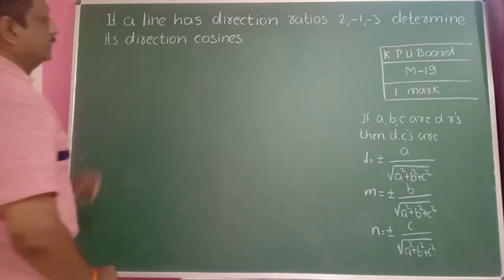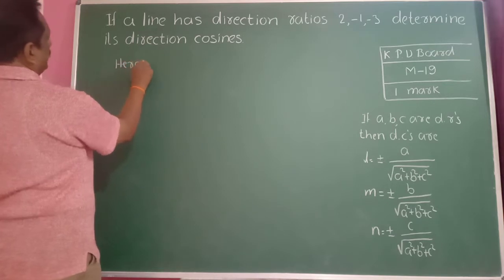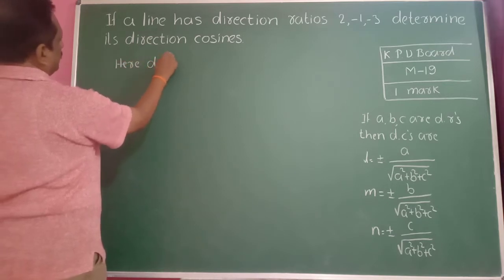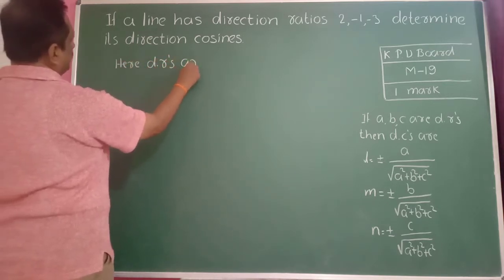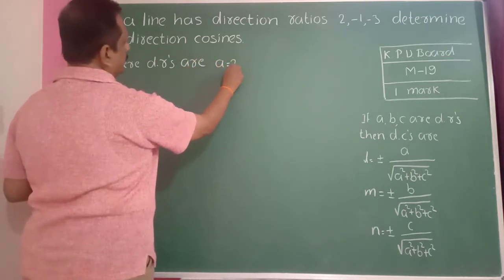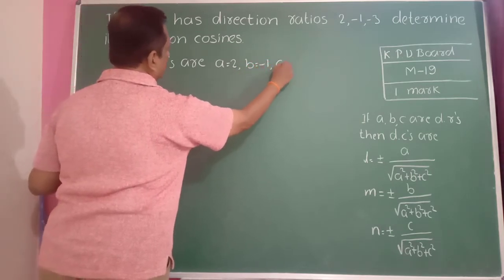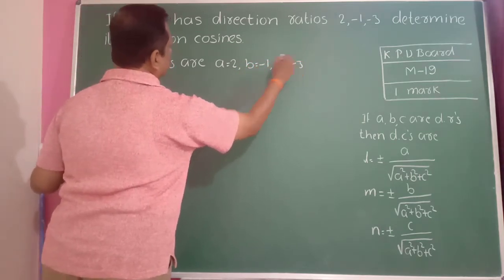So here they have given direction ratios. Here direction ratios are a is equal to 2, and b is equal to minus 1, c is equal to minus 3.